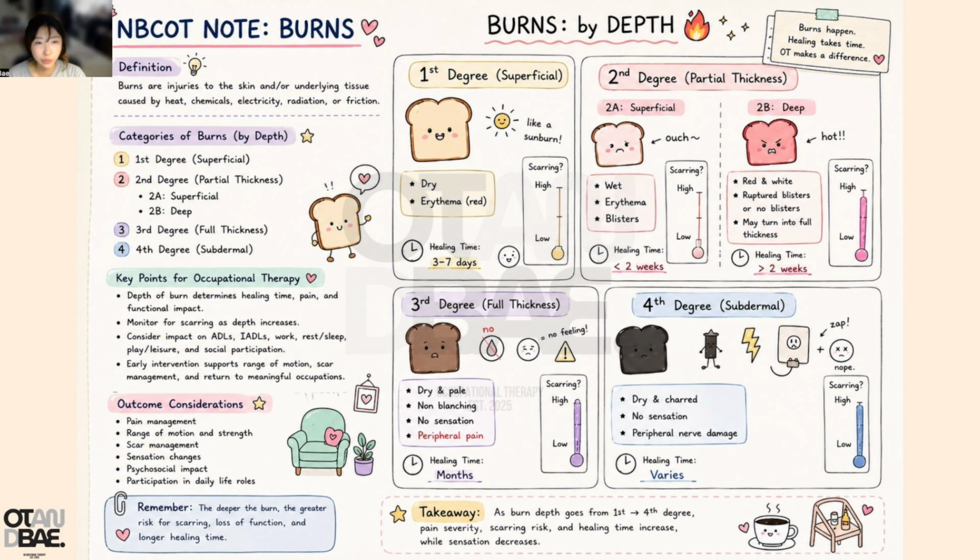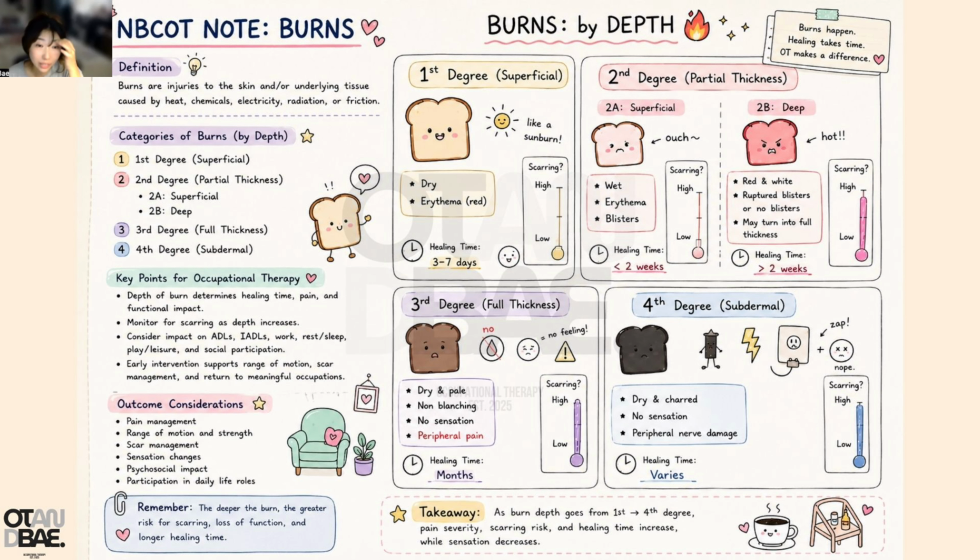So let's talk about first degree burns. These are also called superficial burns because they only affect the epidermis, which is the outermost layer of the skin. A really common example is a mild sunburn. The skin looks red, it hurts, but you won't see blisters. Now, here's something students sometimes overlook.